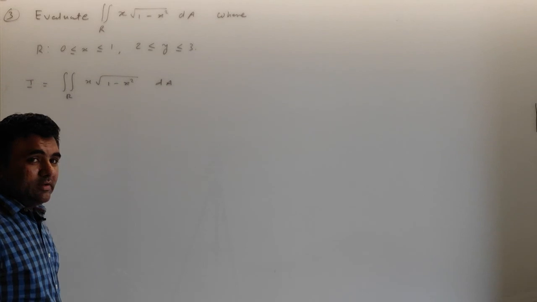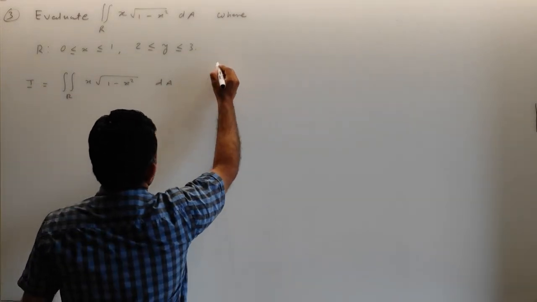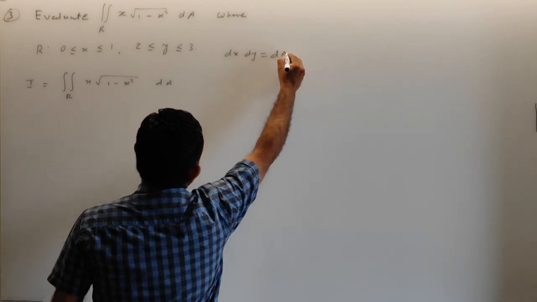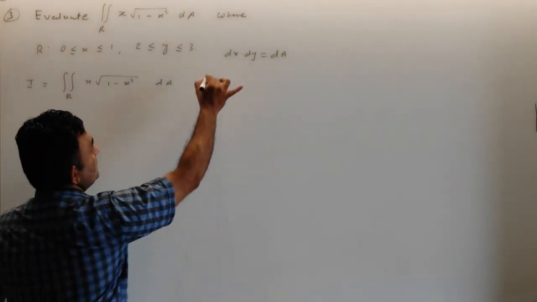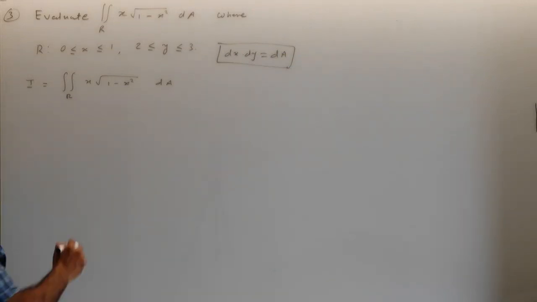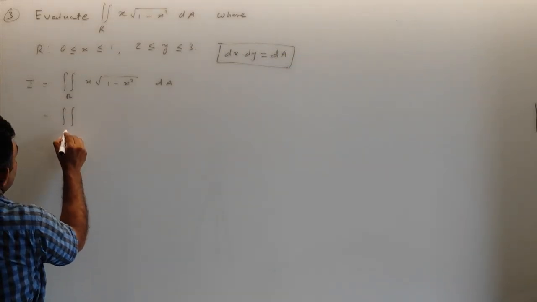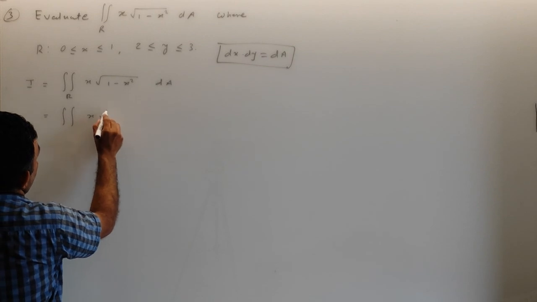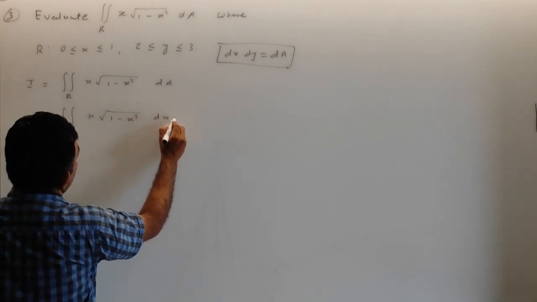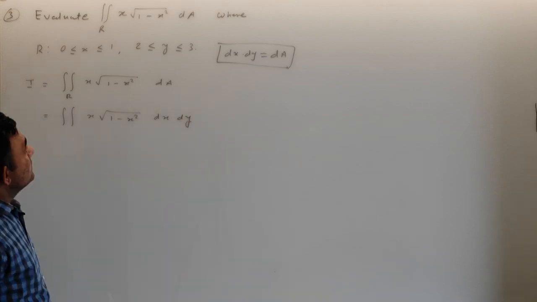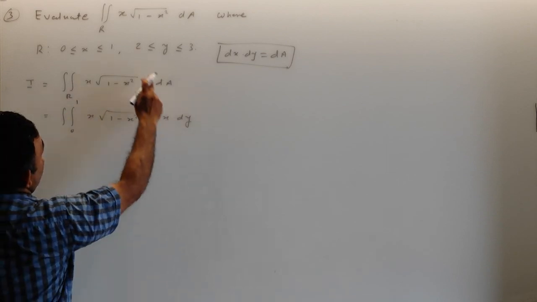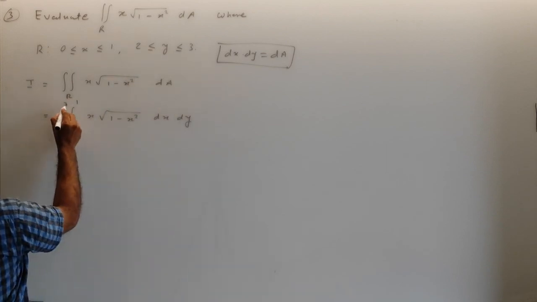Sometimes dx into dy is also written as dA, so dA means dx into dy. So this is the double integral of x under root 1 minus x square dx dy, where the limits of x are 0 to 1 and the limits of y are 2 to 3.